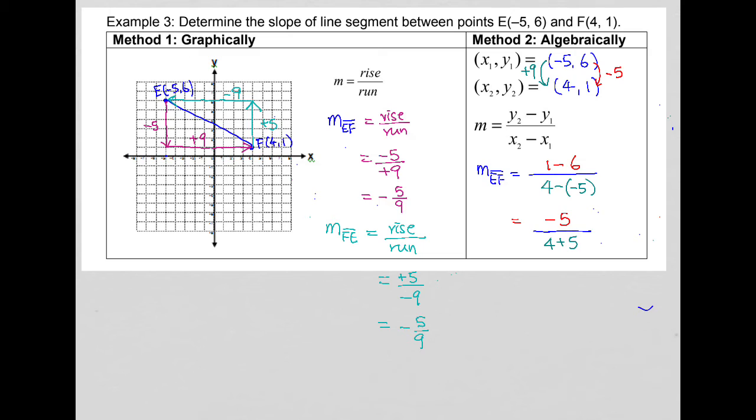Then you will have the answer negative 5 over positive 9, which means negative 5 over 9. So it does not matter whether you do it graphically or algebraically, you will still have the same answer. However, when the points become very complicated or very big, that's when we would prefer algebra, so the answer will be exact and accurate, because sometimes it's very hard to graph on graph paper.